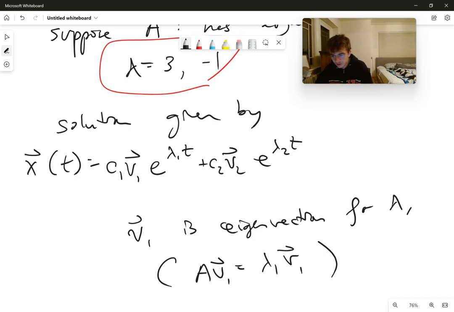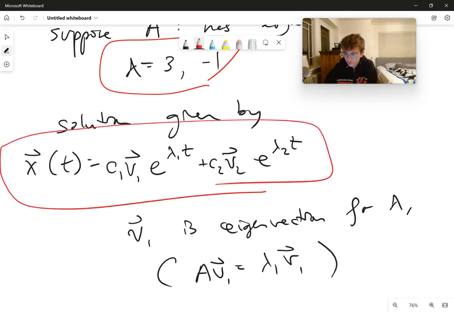But essentially, if a solution did not satisfy that it was a linear combination of these two exponentials, then we would have problems, because over time, as you'll see in the phase portraits we're going to draw, you'd have trajectories that intersected themselves. And the problem with that is that the solutions would no longer satisfy uniqueness.